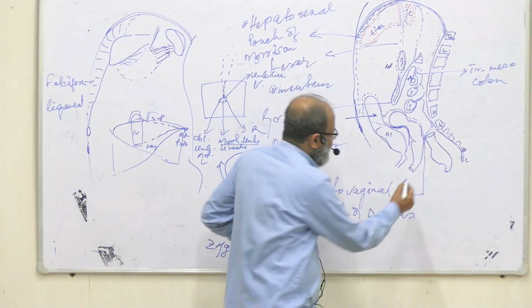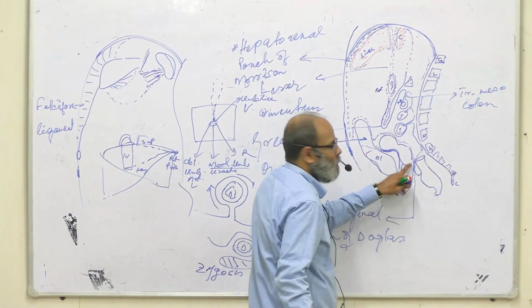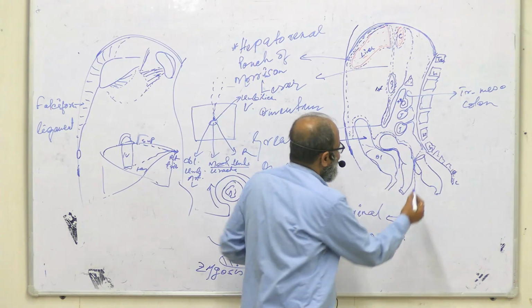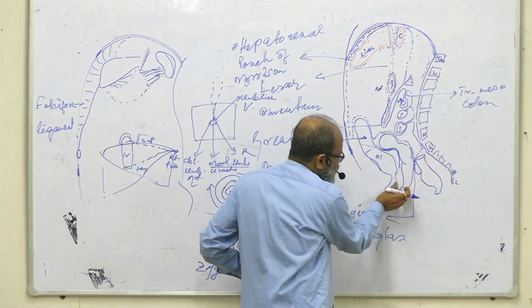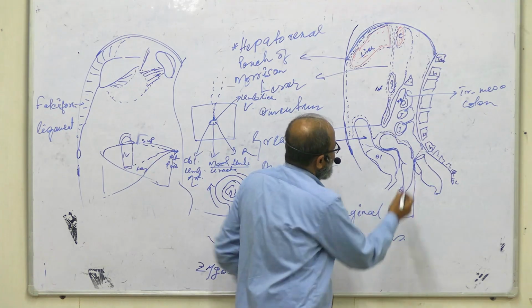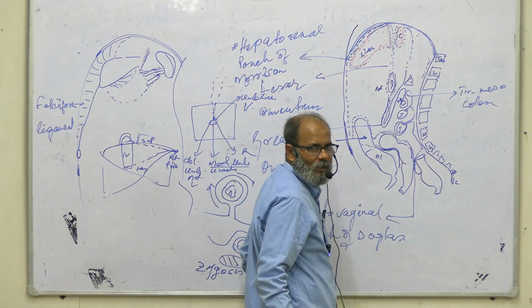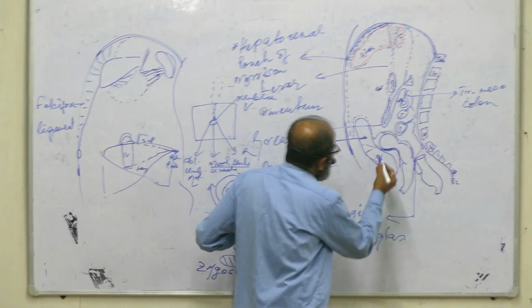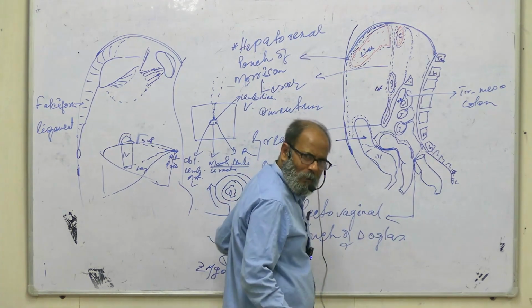This peritoneum comes over the dorsal surface of the vagina and covers the whole of the dorsal surface of the vagina, that this part is quite away from the rectum. It goes to cover the posterior surface of the rectum, as well as it comes in between the bladder and the uterus. Got my point?